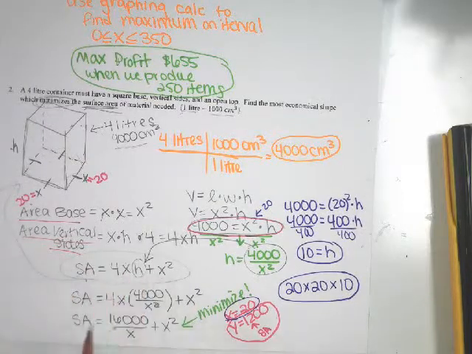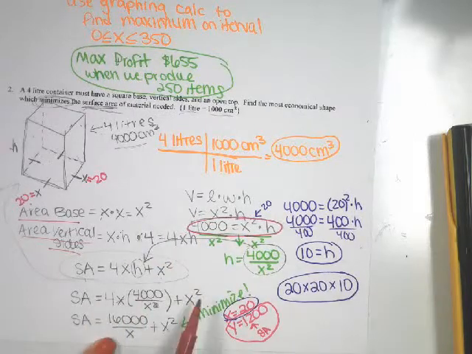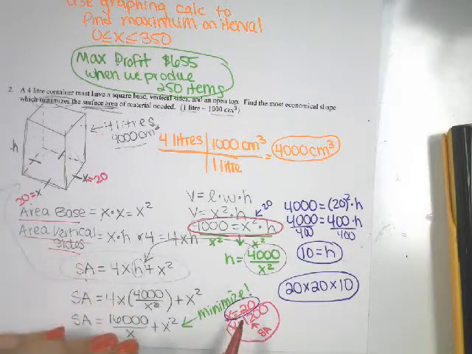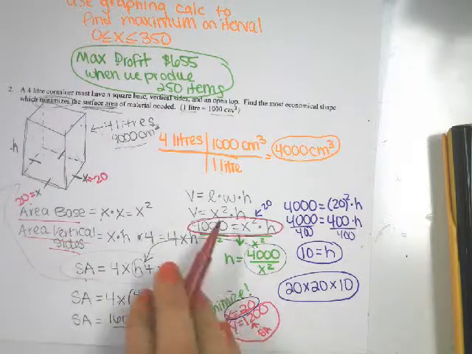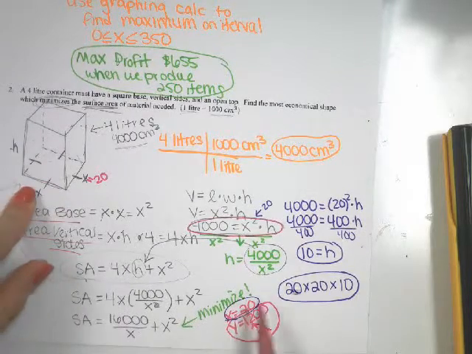It was in x's and h's, and I just needed x's. So we solved this and plugged it in so that our only variable was x. Graphed it to find the minimum value, used our table and a combination of things on our calculator to find the minimum, and then plugged it back in to find the other dimension. So our x is 20, 20 by 20, our height is 10.